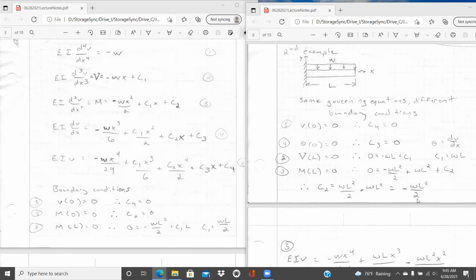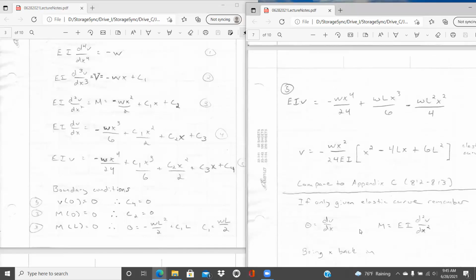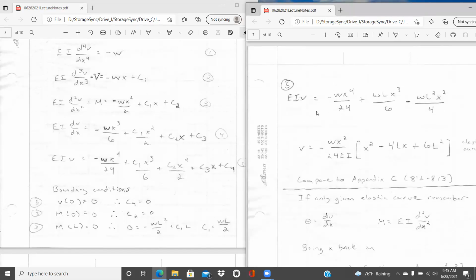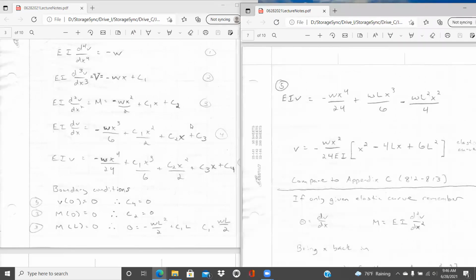But you can kind of see that went really quick with solving those constants of integration for this particular case after we'd already done our governing equations. And so our elastic curve then is just plugging in our constants of integration.